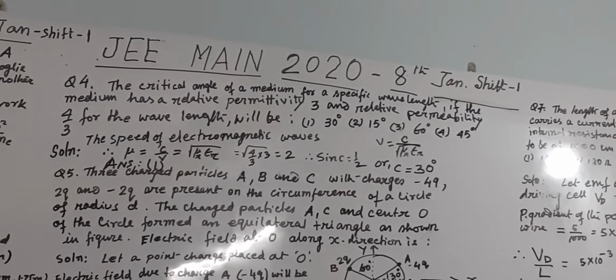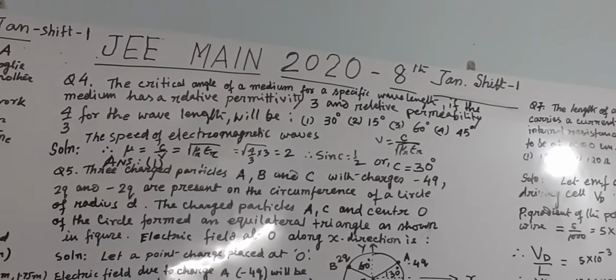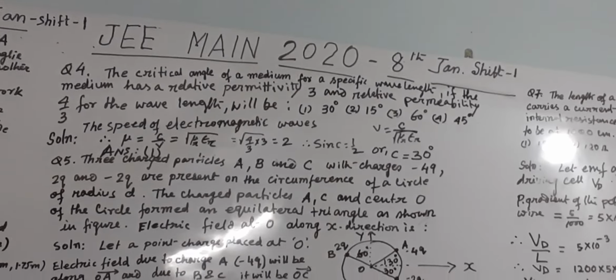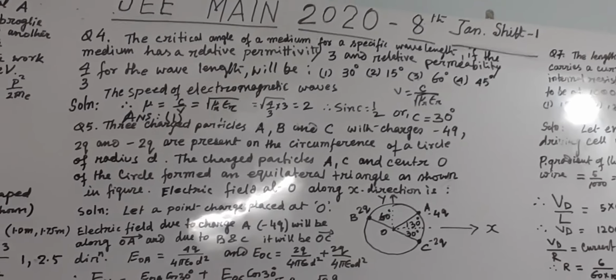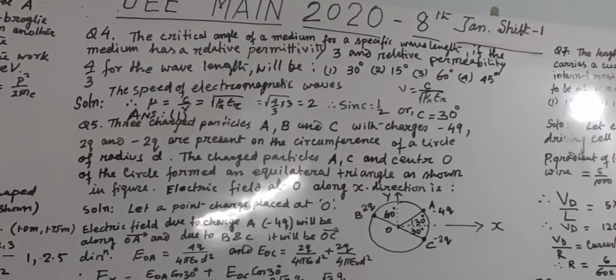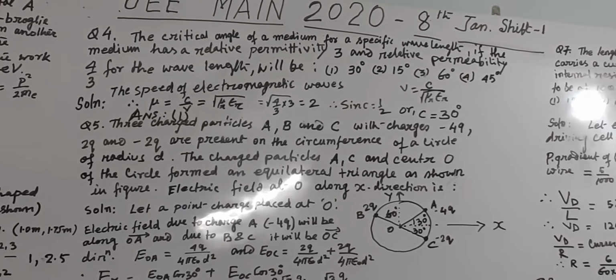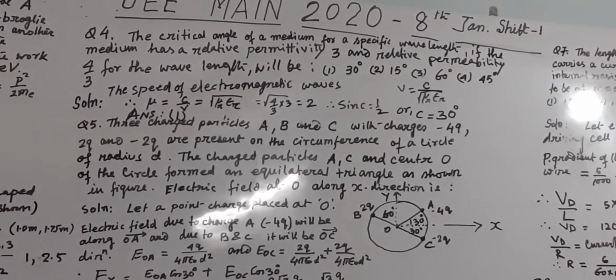Now we know the very basic definition of refractive index, that is C by V, that will give us root under mu suffix r into epsilon suffix r.